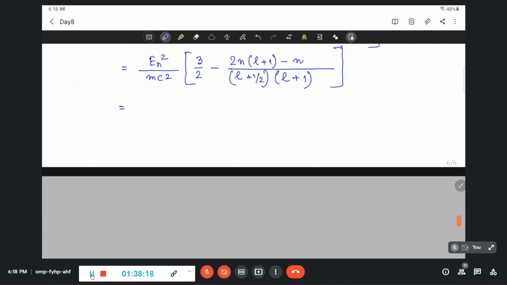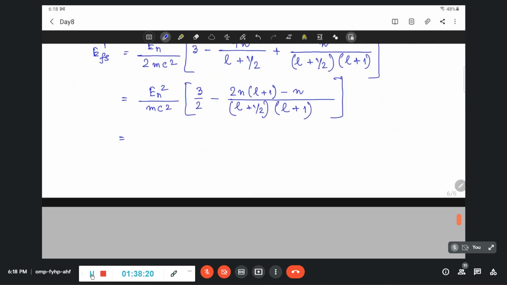Then what you have is 2nl; 2n minus n is n. This is En squared by mc squared times 3 by 2 minus... so this is n, 2n minus n is n.